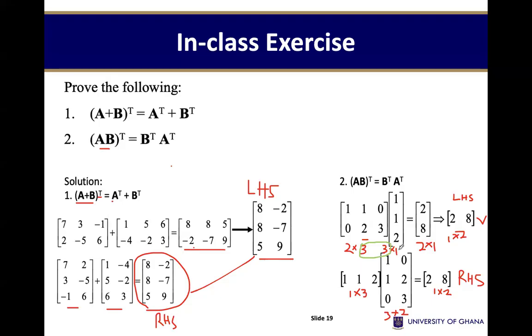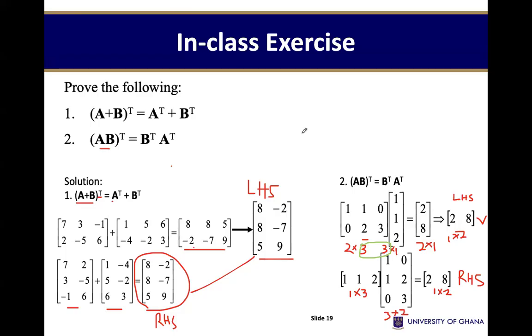That's how we tell. The outer dimensions let you know whether you're on course after your multiplication. Because I know my final answer should be 2 by 1, if mysteriously I get 1 by 2, it means I didn't do something right. I hope you get it. Yes, sir.